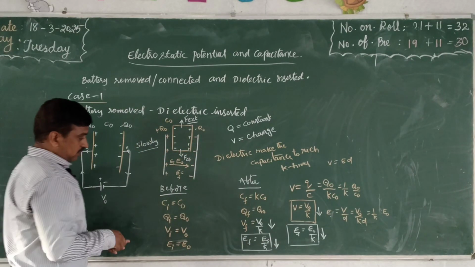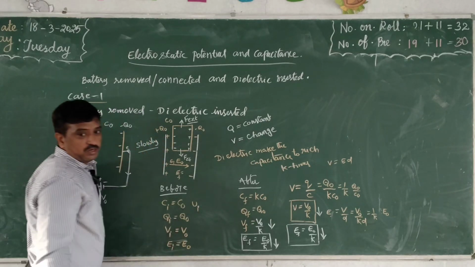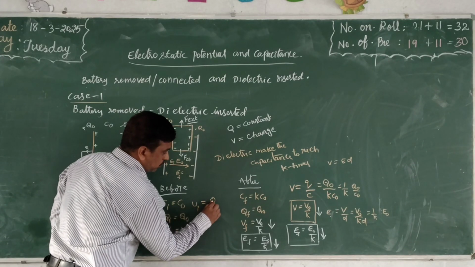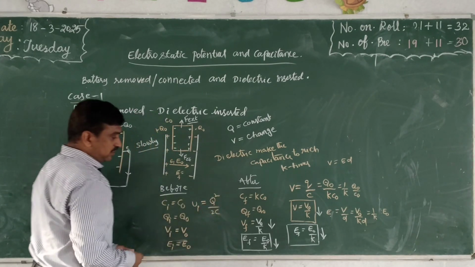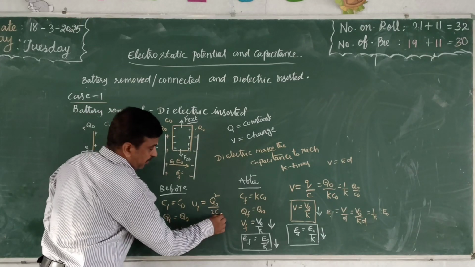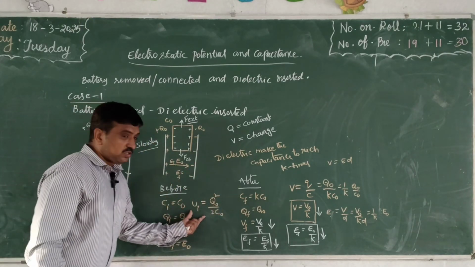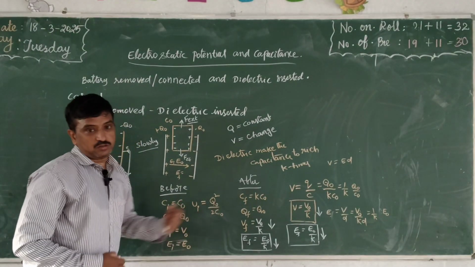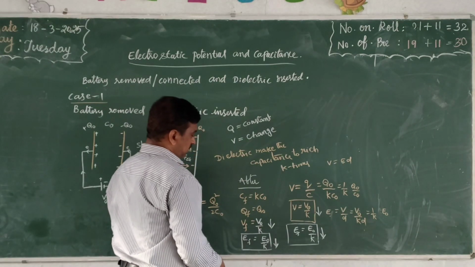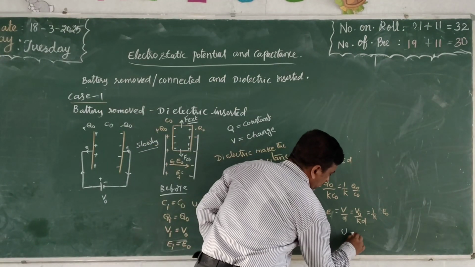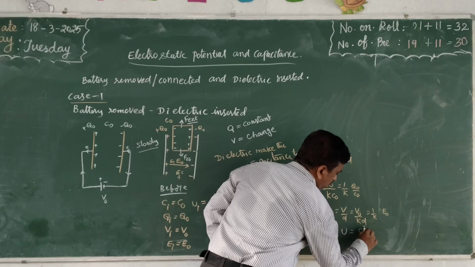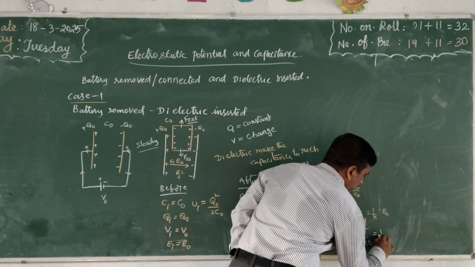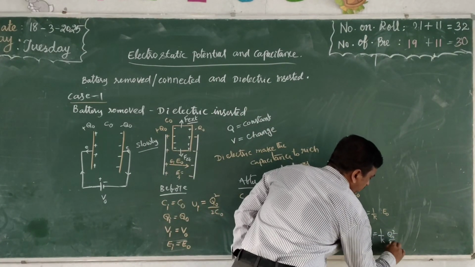What about the electrostatic potential energy? The formula is Q square by 2C. The initial charge is Q naught and the initial capacitance is C naught, so the initial energy is Q naught square by 2 C naught.